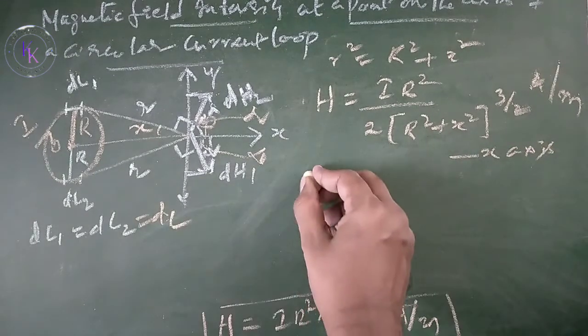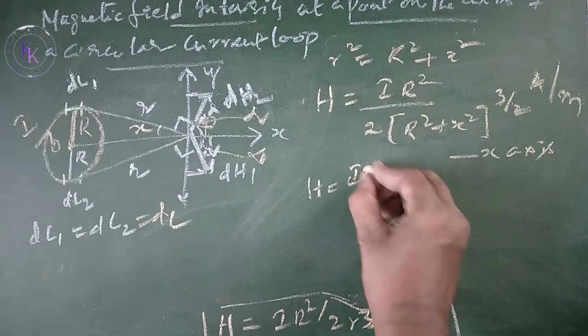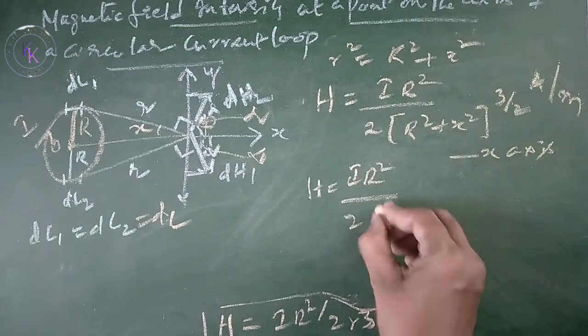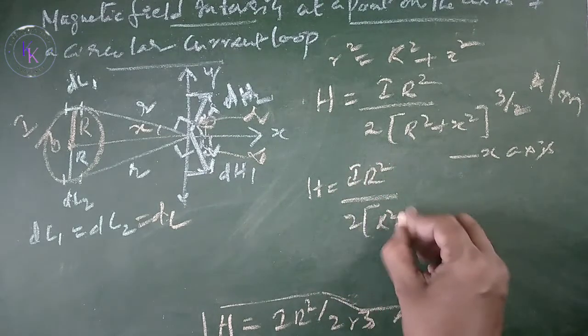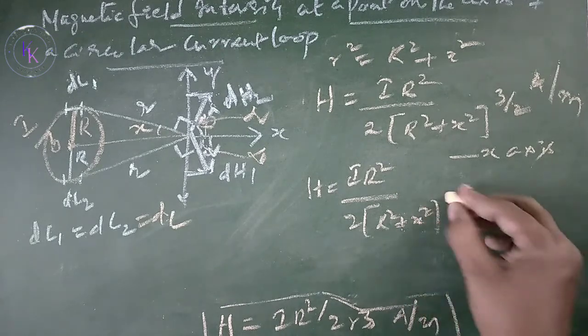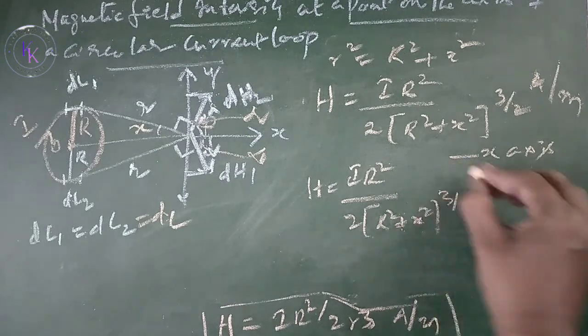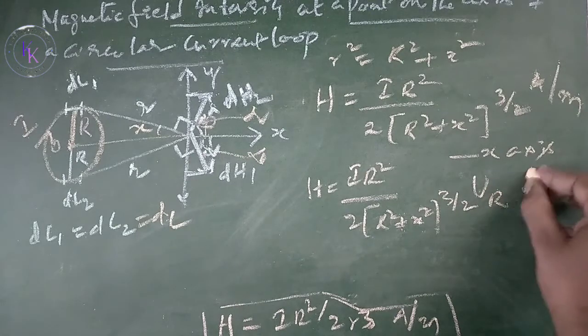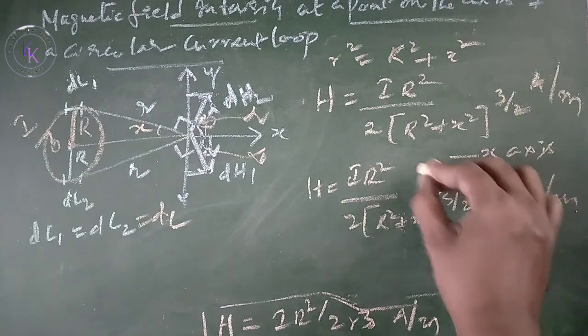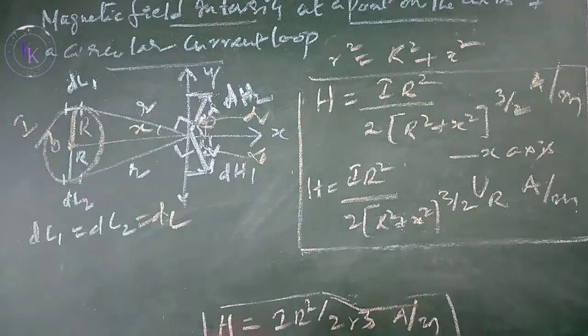In vector form, H equals I R square divided by 2 times R square plus x square to the power 3 by 2 ur amperes per meter.